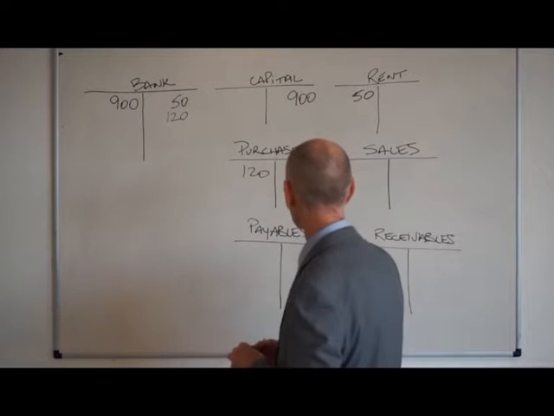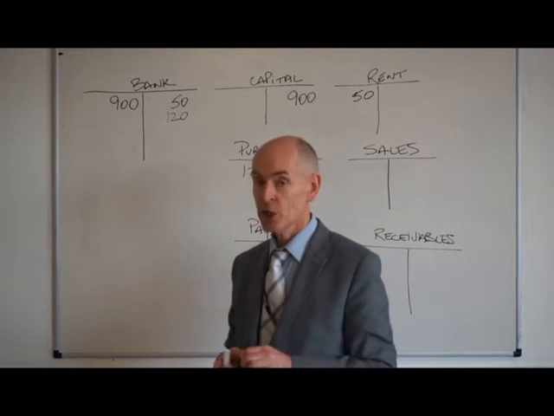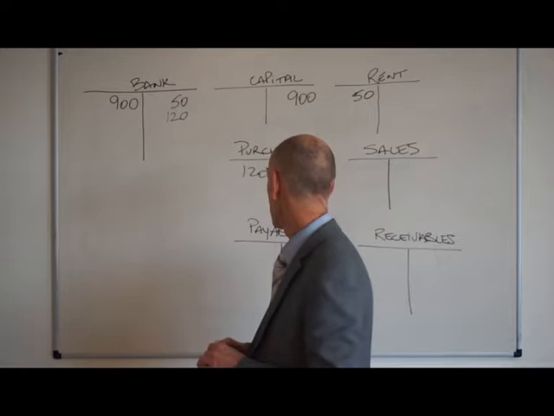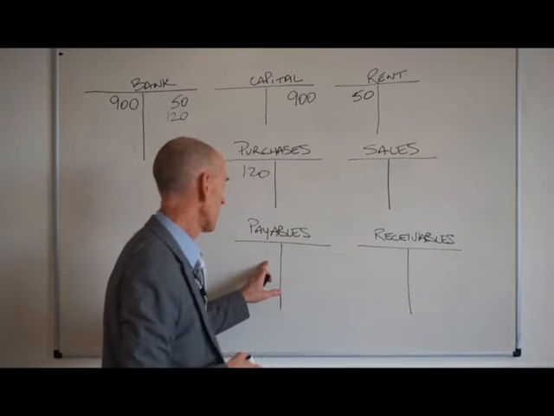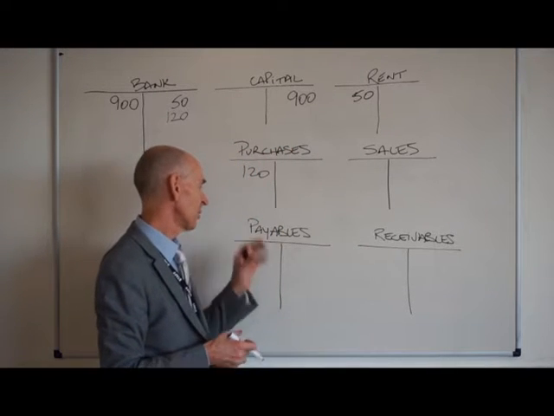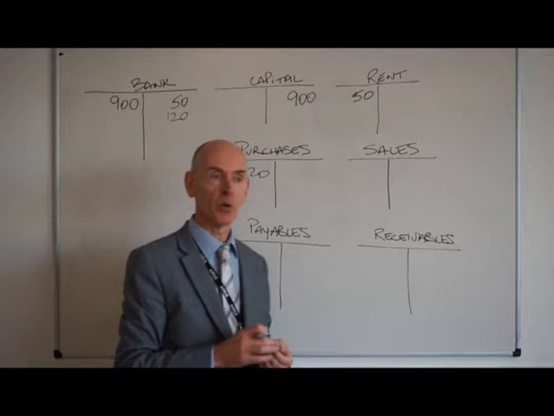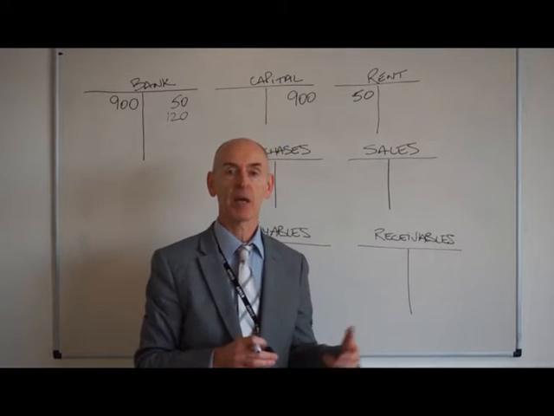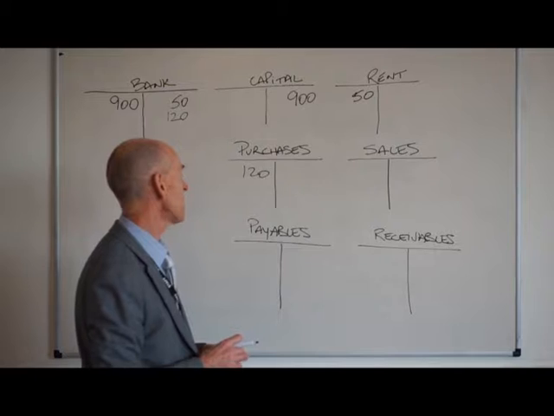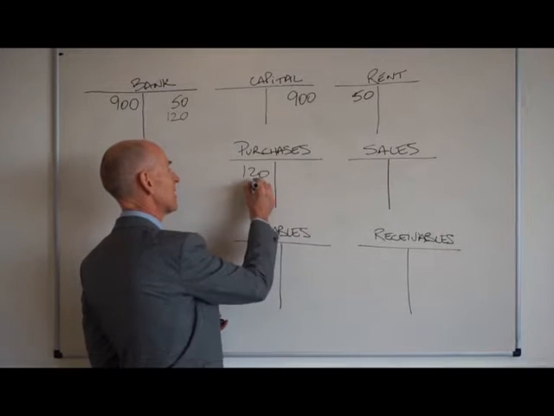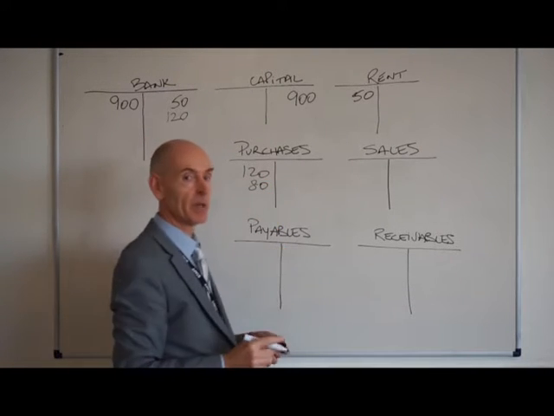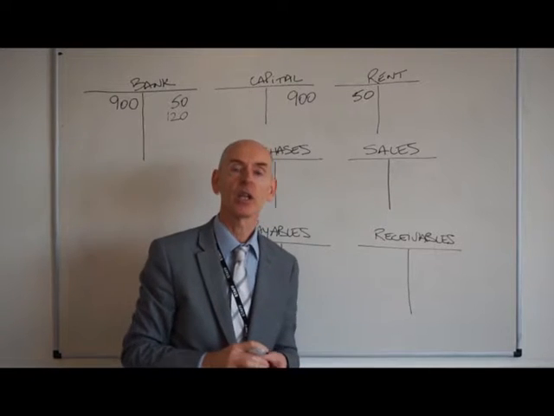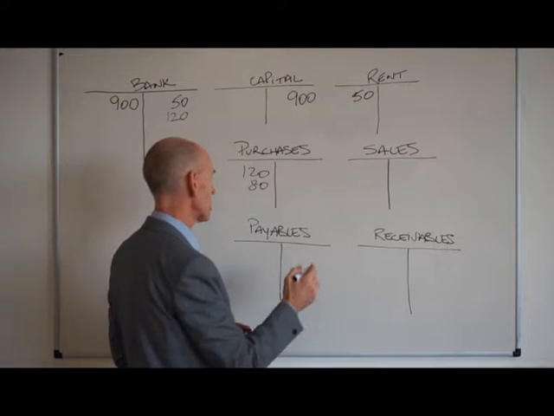But the accounts we are going to consider are purchases expense account and payables, because payables means an amount we owe, i.e. an amount we have not yet paid. So for £80 then, we've got a positive expense, expenses are debits, and we've got a liability. We've got a positive liability.